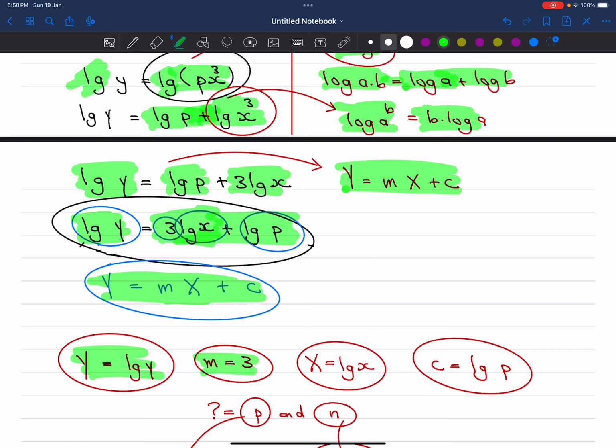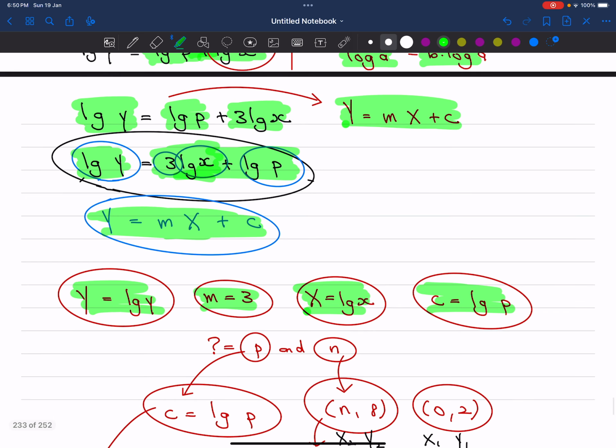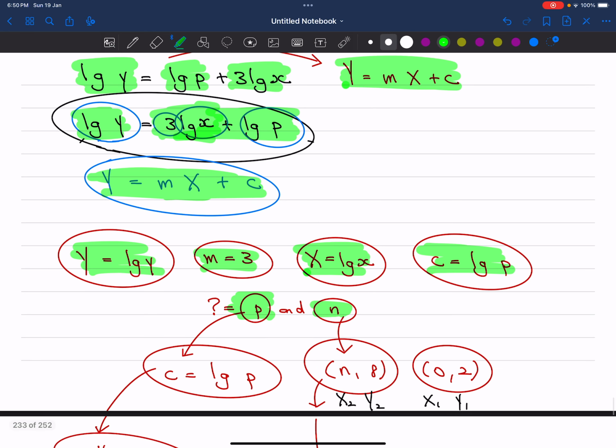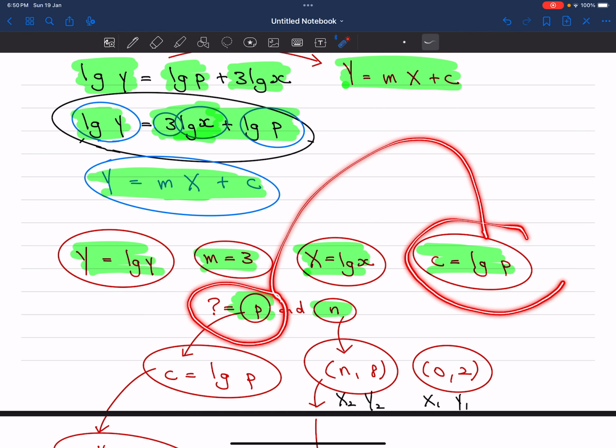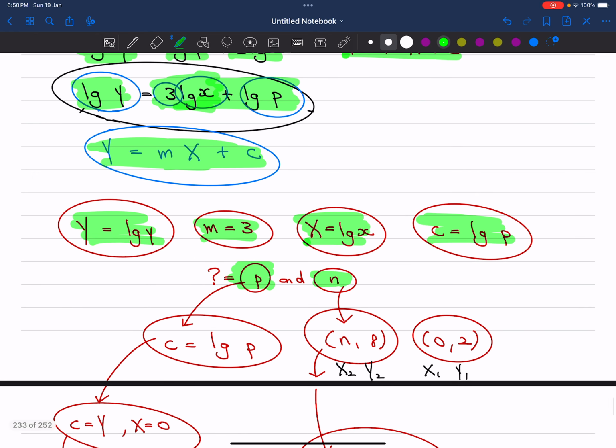The capital X is log x, and the c is log p. Remember, the question asks to find p and n. So to find p, I will use the information c equals log p.